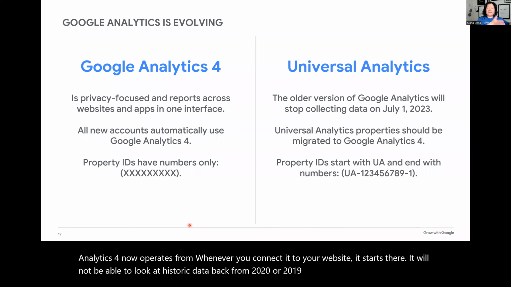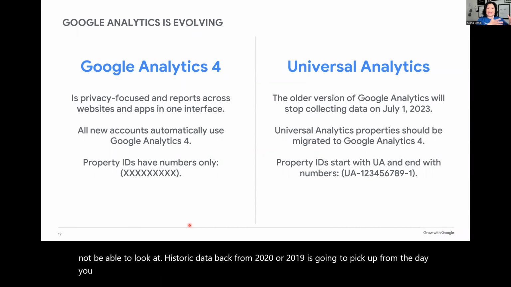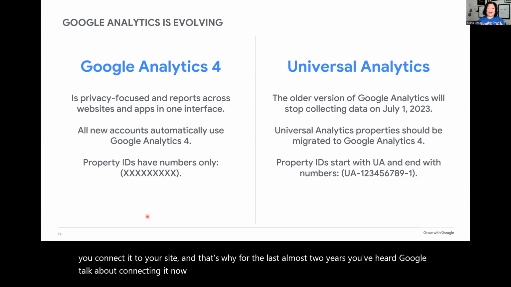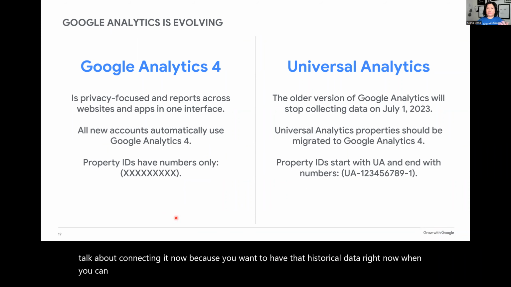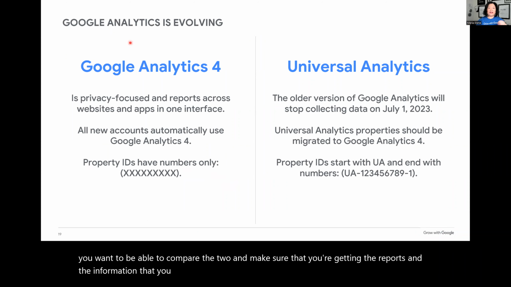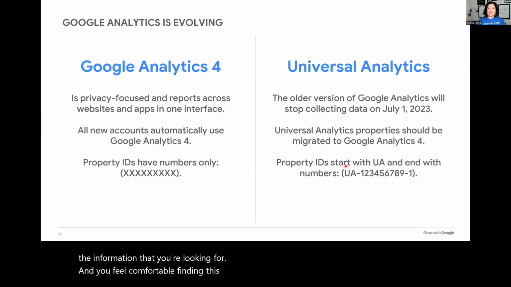It is going to pick up from the day you connect it to your site. And that's why for the last almost 2 years, you've heard Google talk about connecting it now, because you want to have that historical data right now when you can compare the two, which is what I'm doing for a lot of businesses that I work with. You want to be able to compare the two and make sure that you're getting the reports and the information that you're looking for, and you feel comfortable finding this before all of this goes away on July 1st.